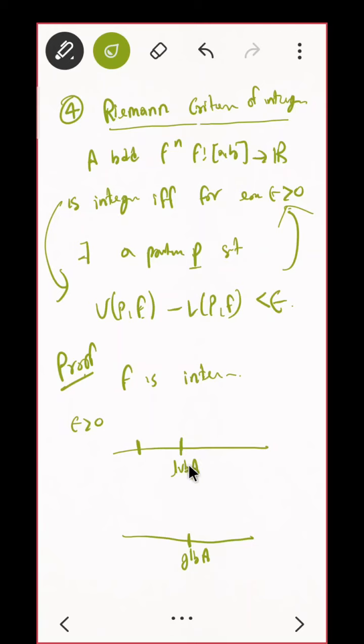No. So what I will be doing, I'll be taking it as LUB of E minus epsilon by 2. Do you remember that? And this will not be an upper bound means what? Not upper bound means what? यहाँ पे कोई तो एक एलिमेंट है जो इससे बड़ा है. Correct?